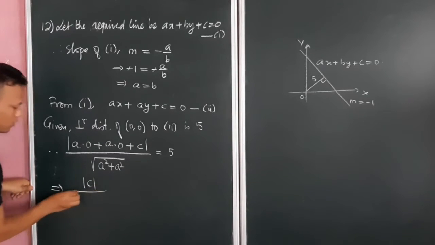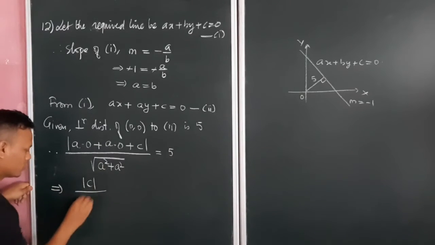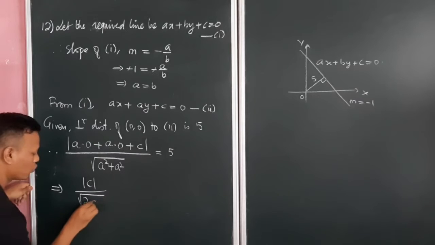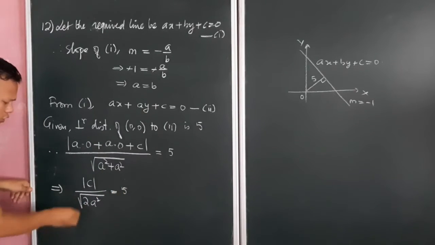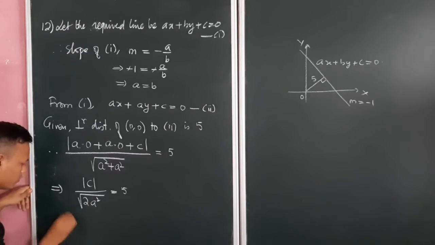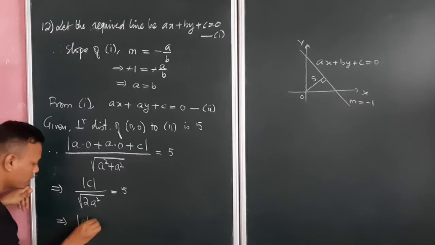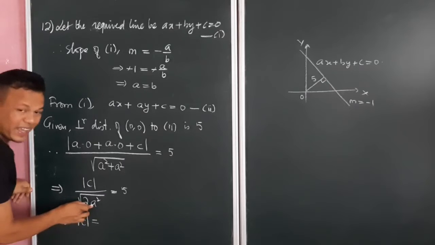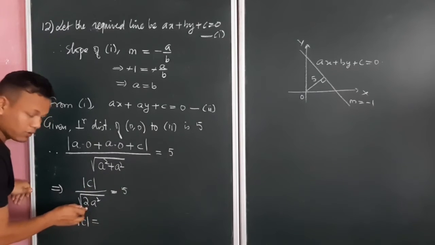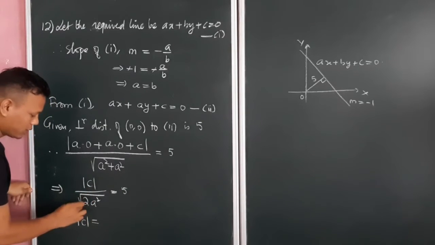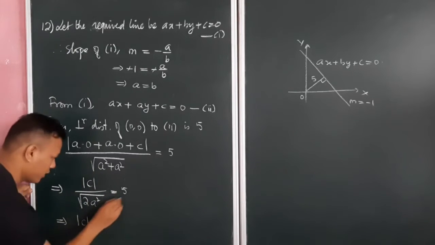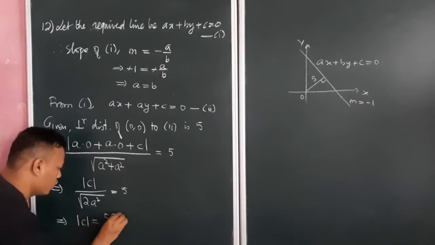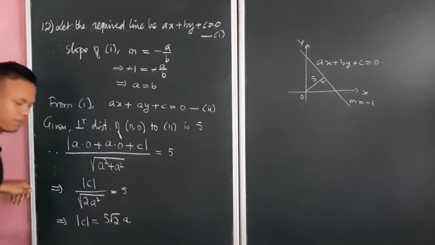So modulus of c divided by root of 2 a square is equal to 5. From here, modulus of c will be equal to 5 times the square root of a square, which is a, and we have square root of 2, so it becomes 5 root 2 into a.